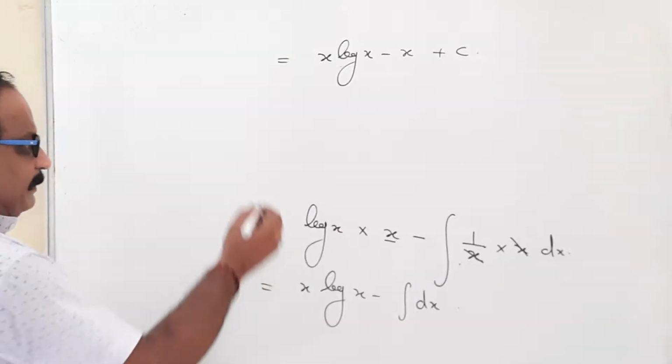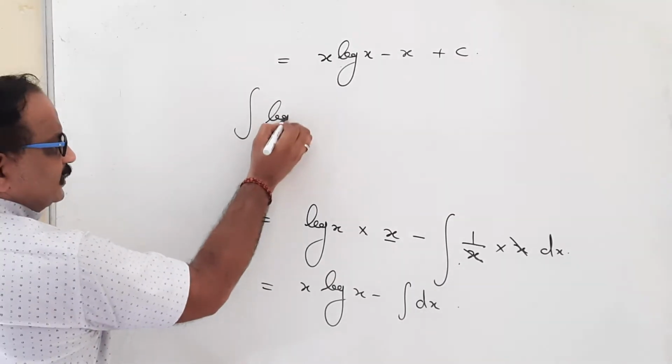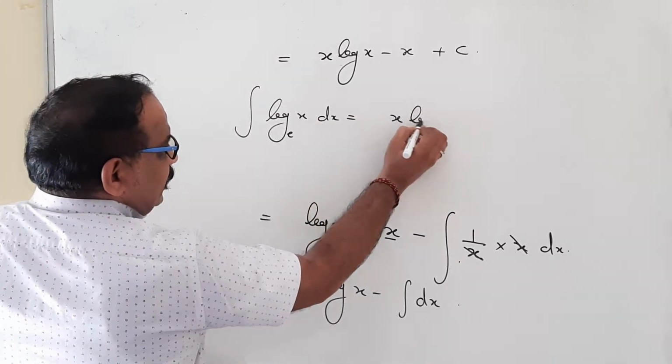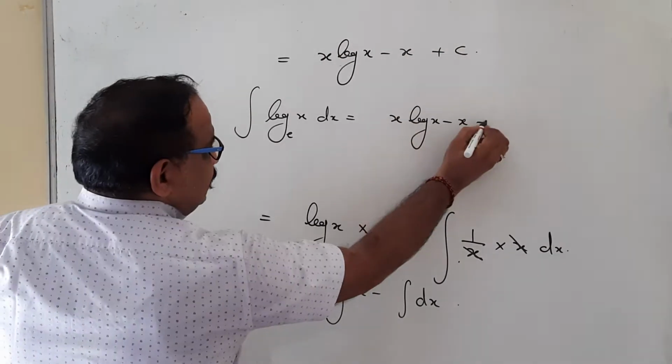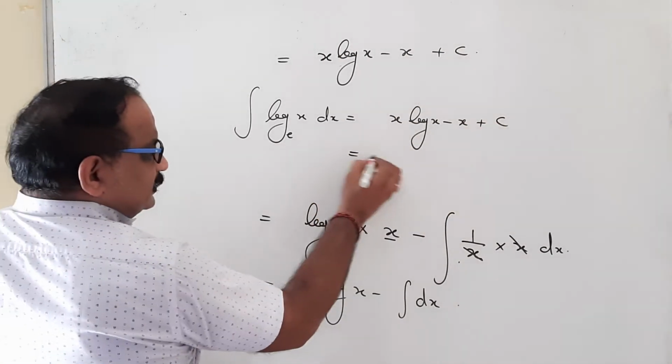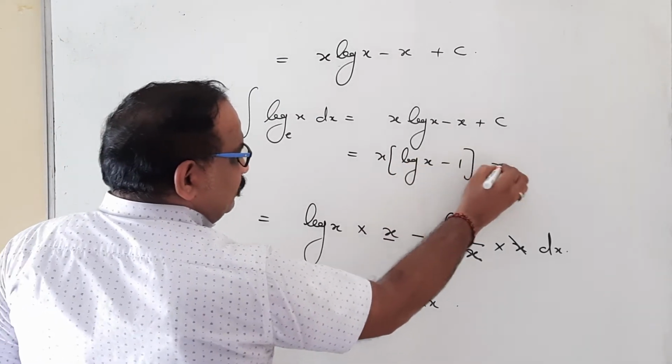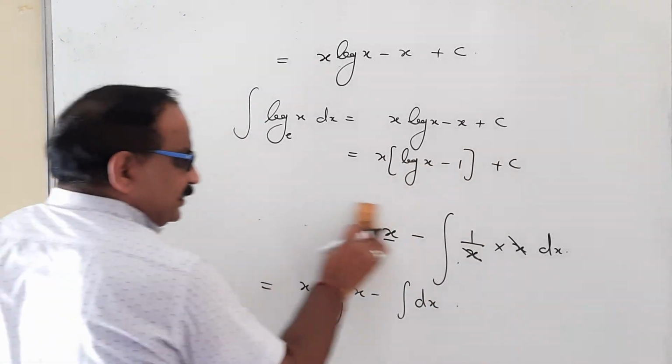Now onwards we have a standard result. What is the result? The integration of log x dx is x log x minus x plus c. This result can be presented in more formats. There is x times (log x minus 1) plus c. Sometimes we can write it like that.